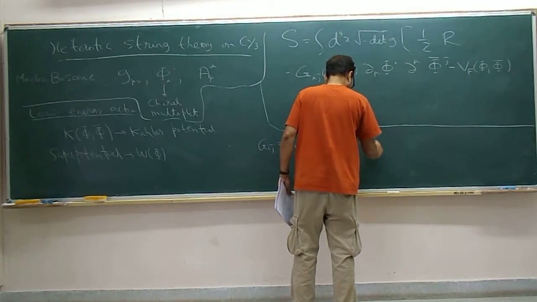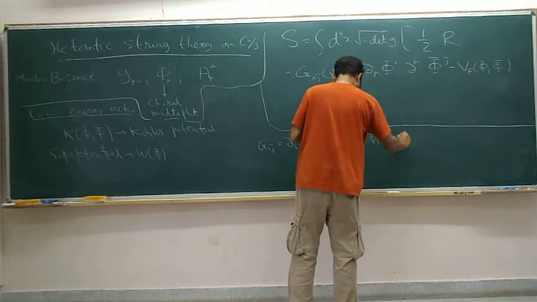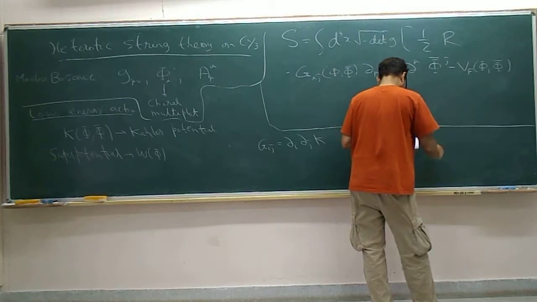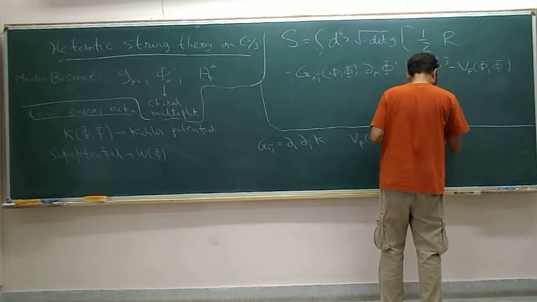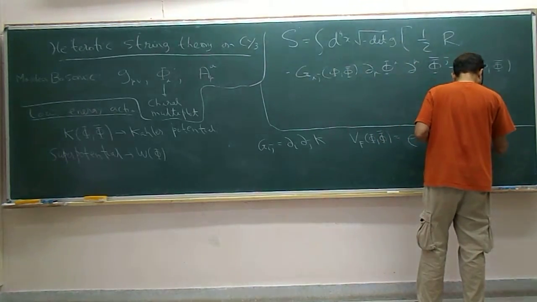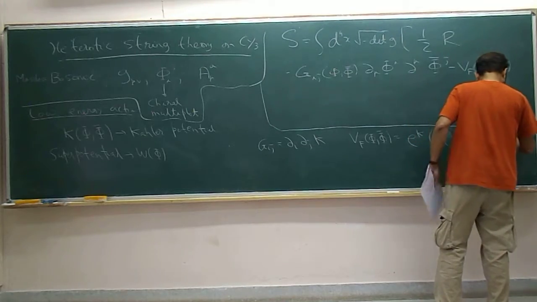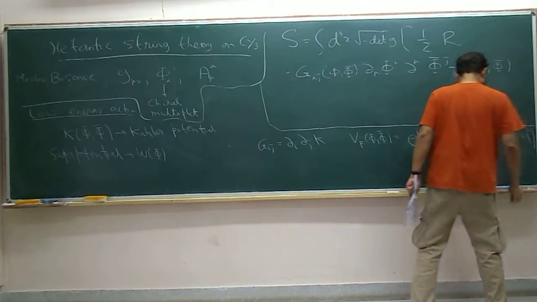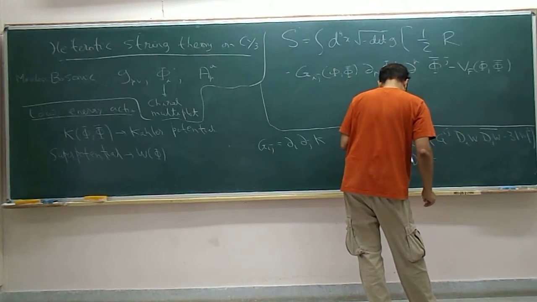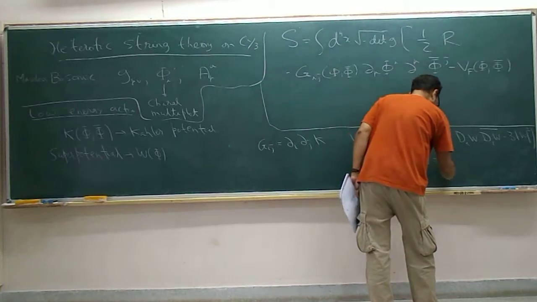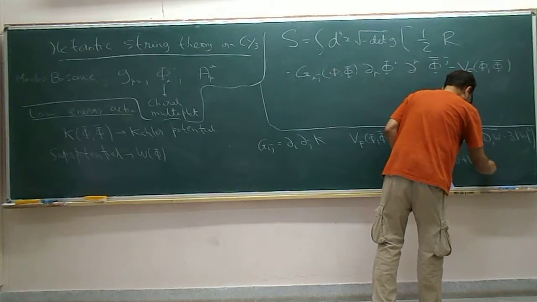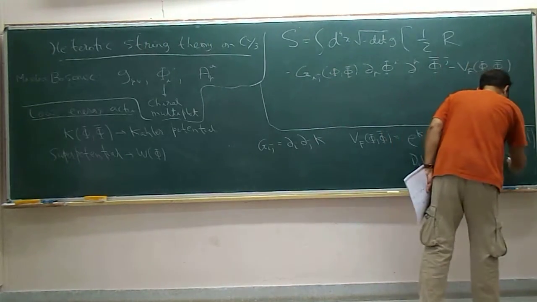V of phi, phi bar is given by e to the K times G i j bar D i W D j W bar minus 3 mod W square, where D i W is del i W plus W times del i K. Here del I is del by del phi I.